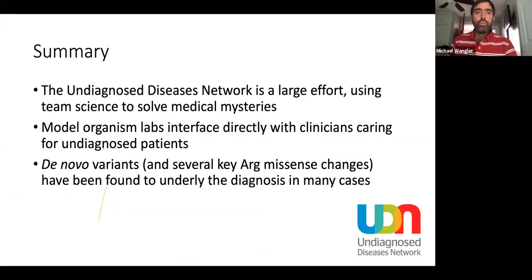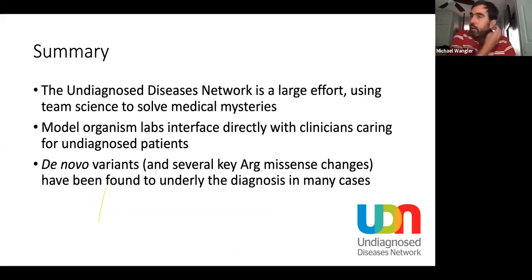So anyway, the UDN is nice. It's a large effort, and it allows us to tap into team science to solve cases. It's nice to see model organism labs that interface directly with clinicians.